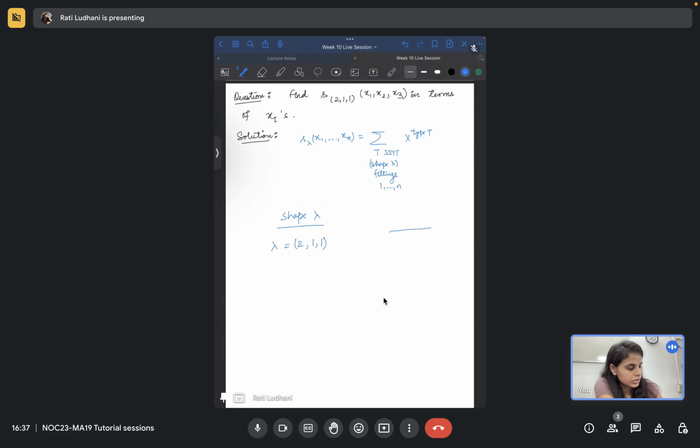So what will you have? In the first row you have two blocks, in the second row you have one, in the third row you have one. Now you have to do the filling of 1, 2, 3, 4, up to n.